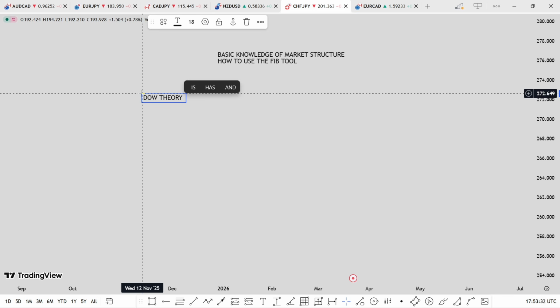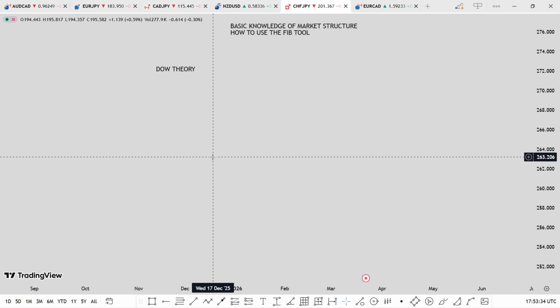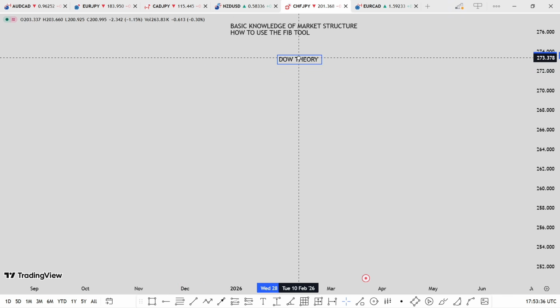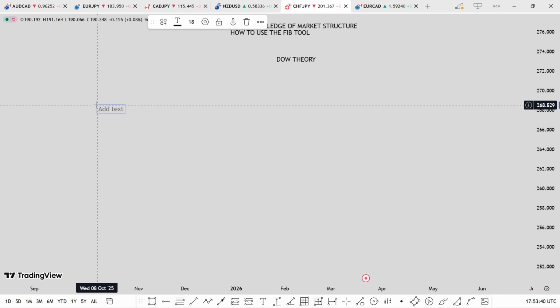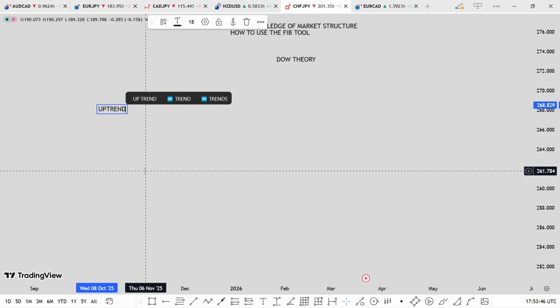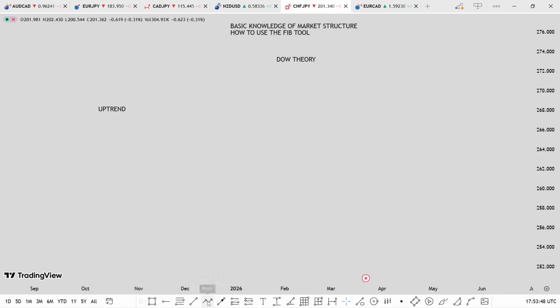The Dow theory says an uptrend, so let's just see an uptrend. An uptrend is in a way like this.